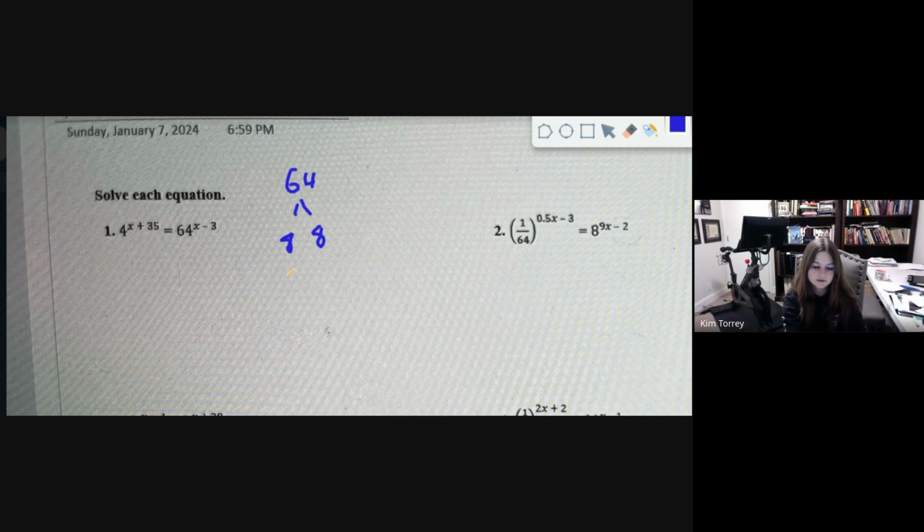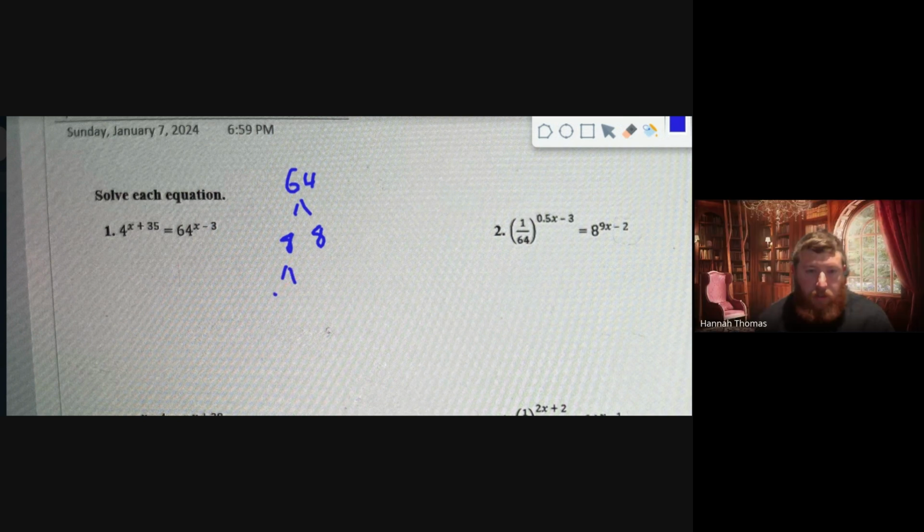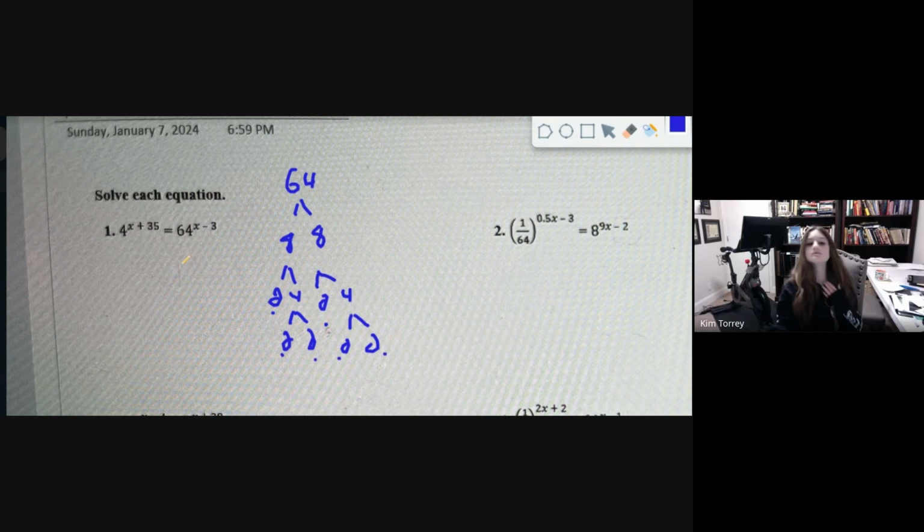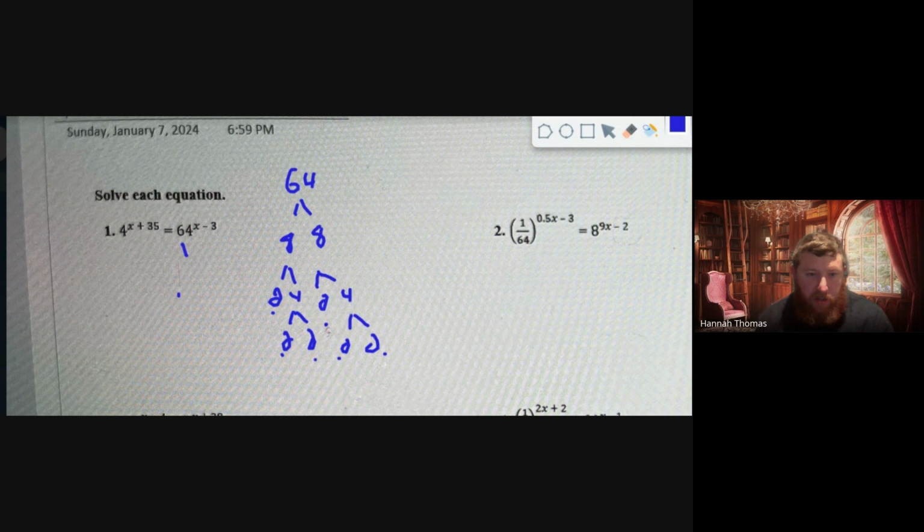Which becomes 2 and 4, and 2 and 4, which 4 becomes 2 and 2. So how many 2s do I have? 1, 2, 3, 4, 5, 6. So 64 becomes 2 raised to 6 times x minus 3.